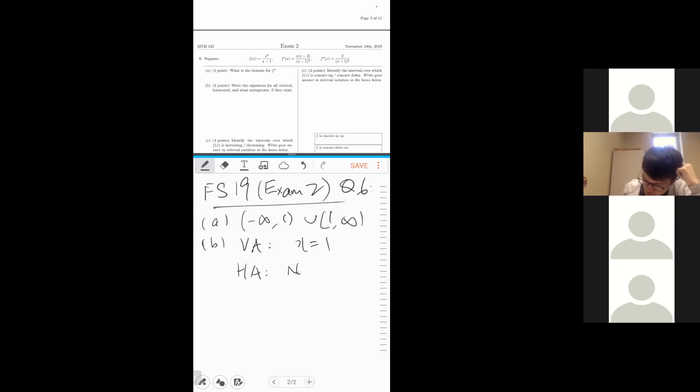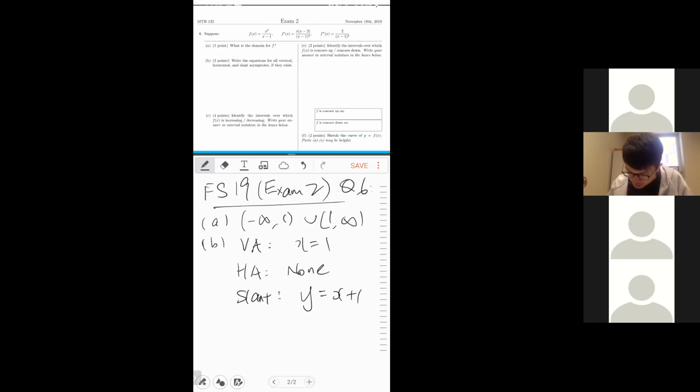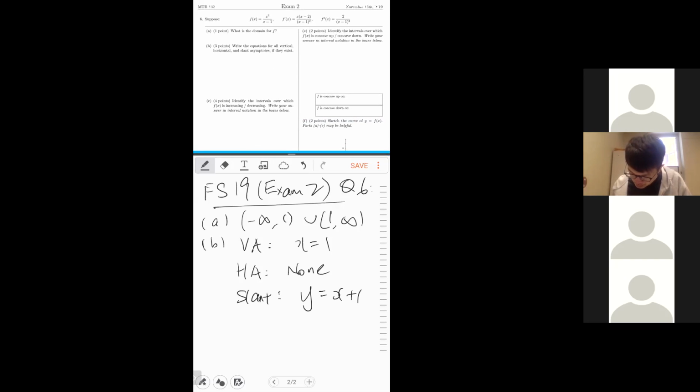There's no horizontal asymptote. And we discussed last time that the slant asymptote is y equals x plus 1. Let's move on to part C. Any questions so far? This is what we did on Monday.